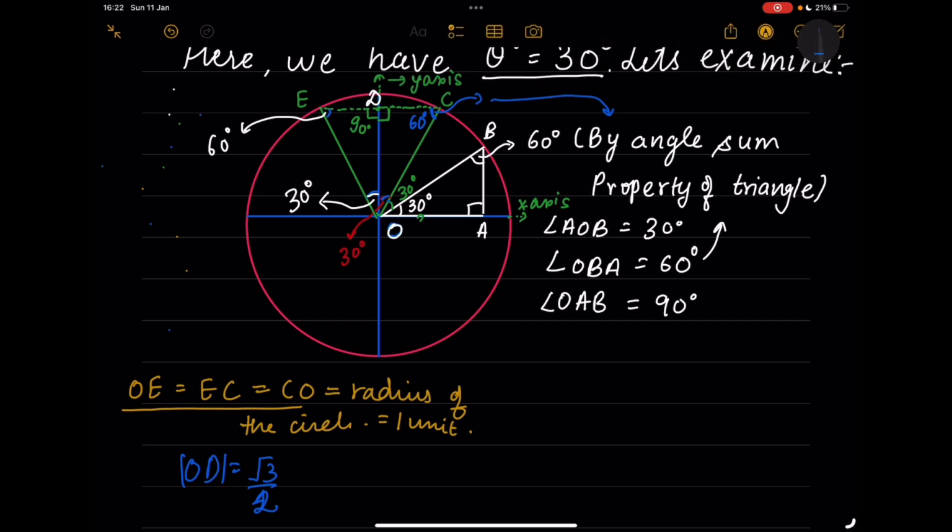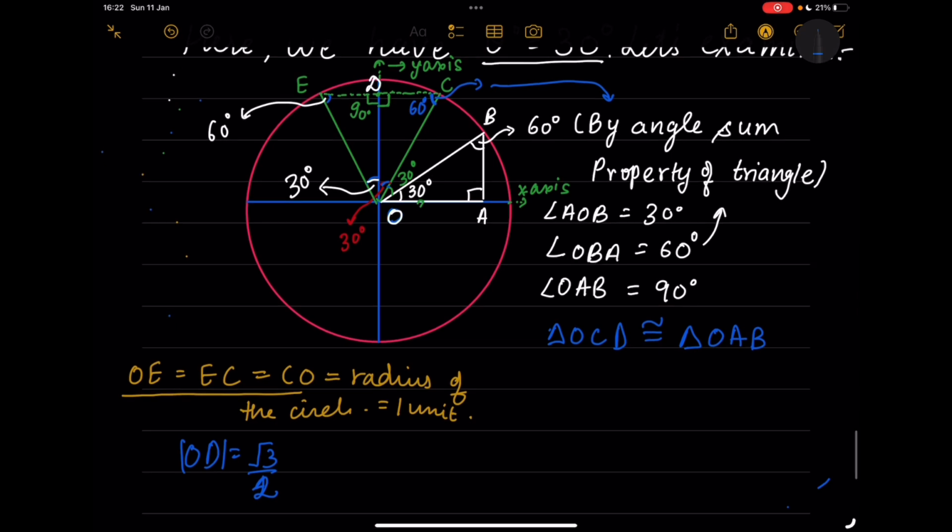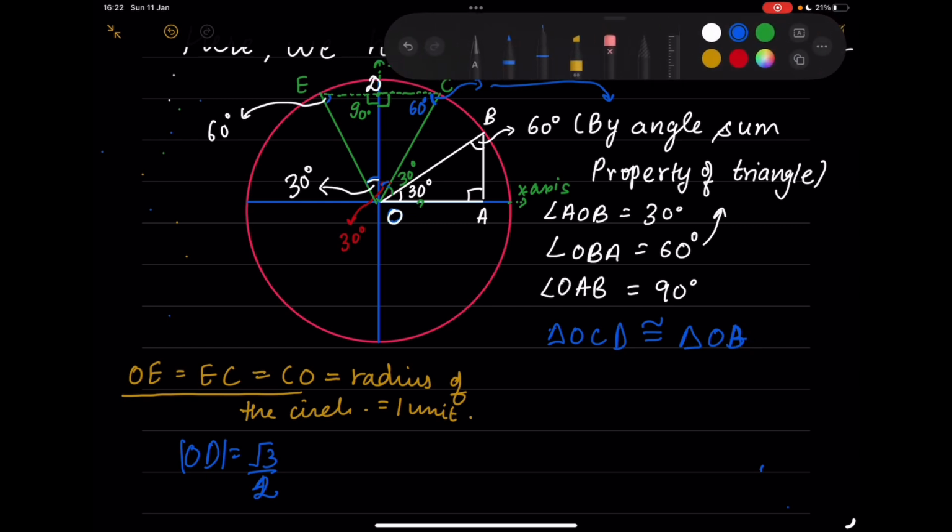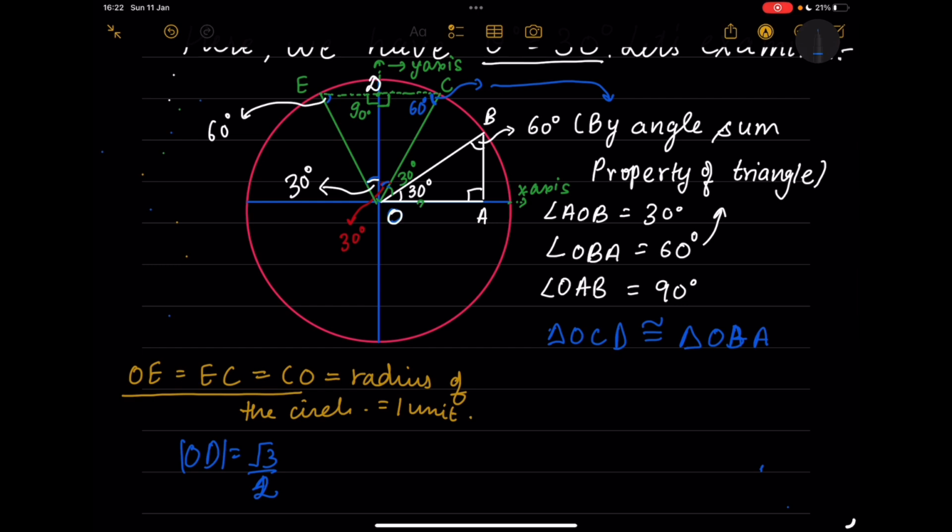Now after this, what do we do? We are taking triangle OCD, and as I said, this triangle is congruent to triangle OAB, which you can prove, right? How? OC is equal to OB. Oh sorry, this will be OBA, right? Whenever you're writing the congruent triangles, make sure that you write whichever part is corresponding to the other part.